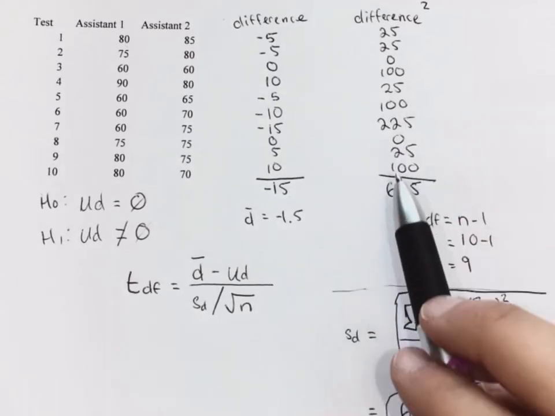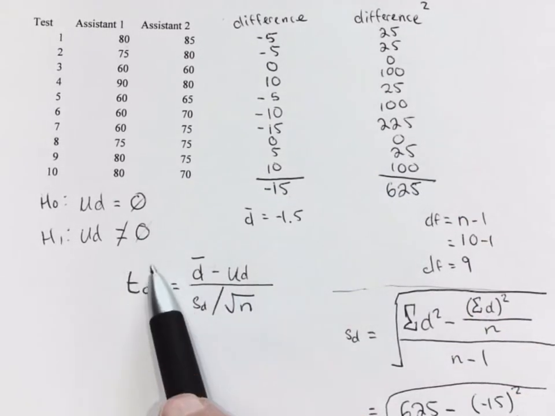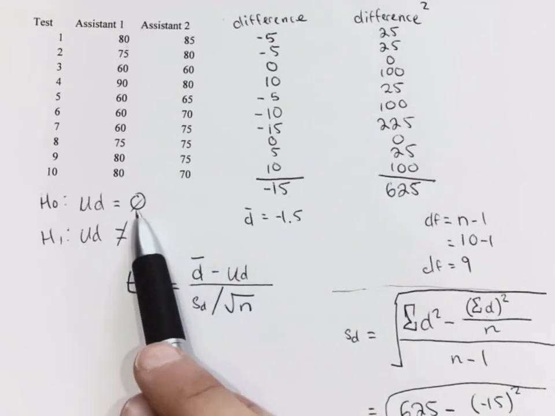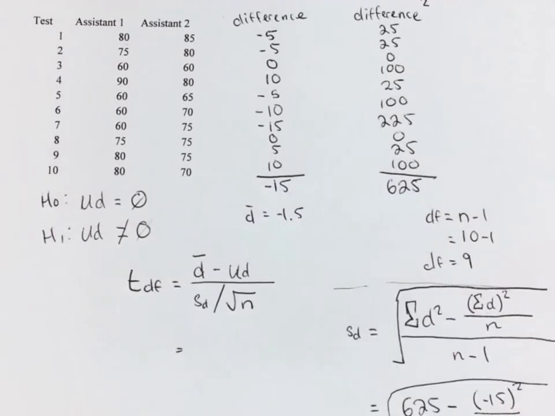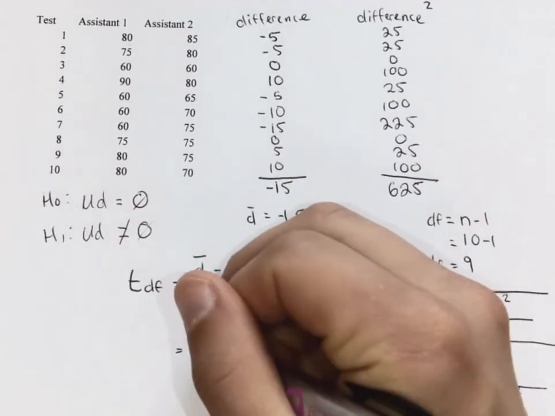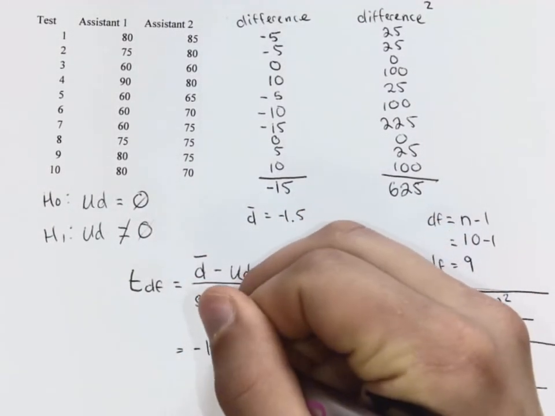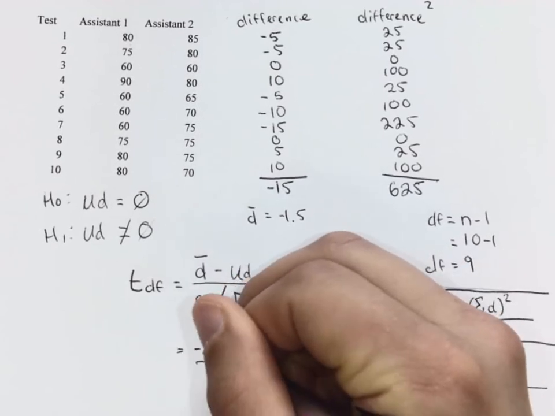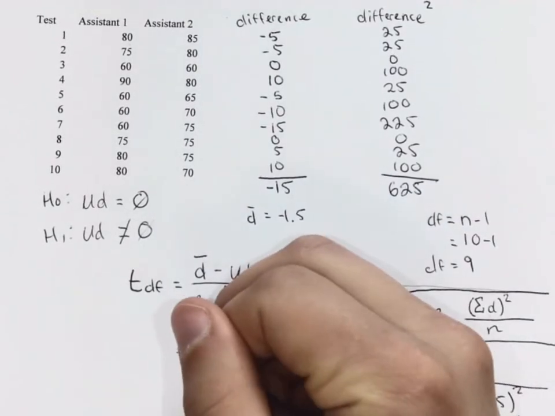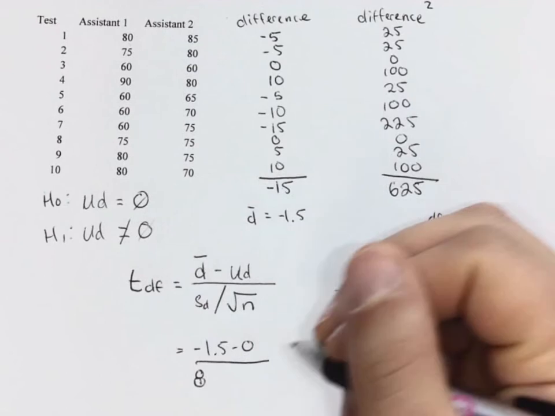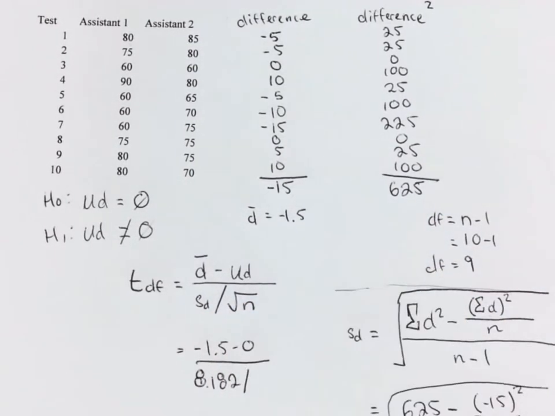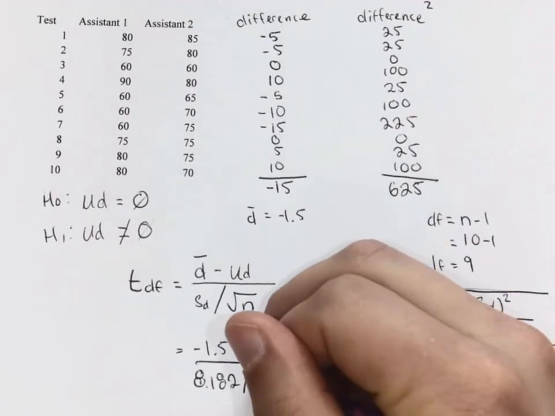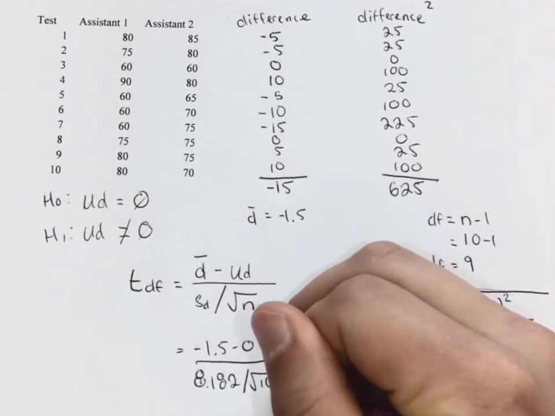And we have our hypothesized difference here, which would be our mu d, equal to 0. So now we can complete this: negative 1.5 minus 0, divided by 8.182 divided by the square root of 10.